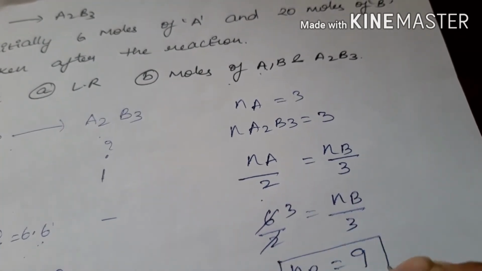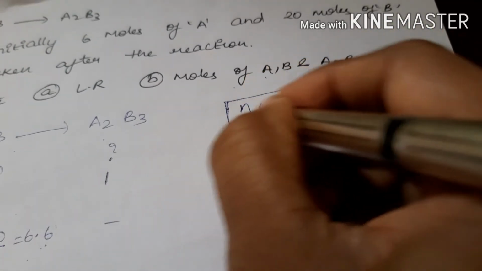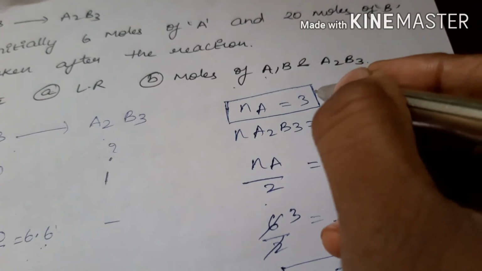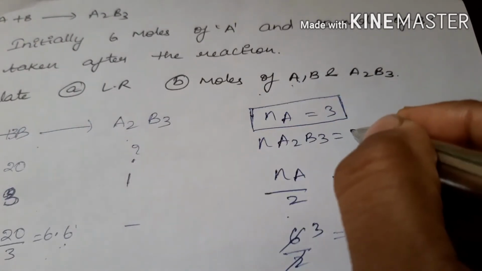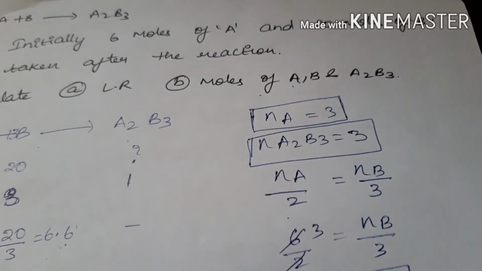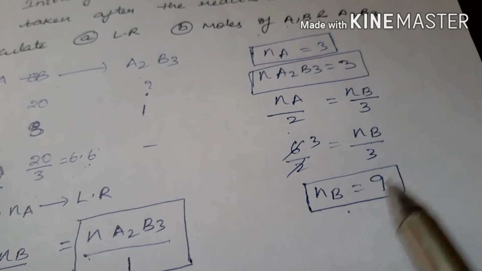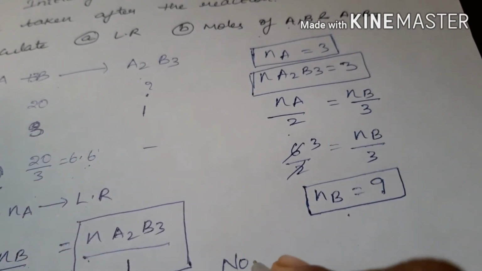That means 3 moles of A reacted with 9 moles of B to give again 3 moles of A2B3.